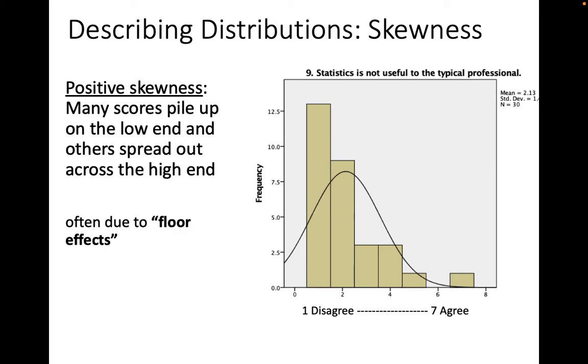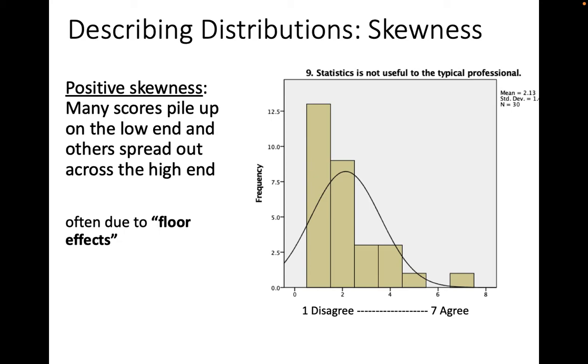When we have many scores that pile up on the low end, it may be because it's impossible to have a score that's any lower. This is called a floor effect. Here's an example of where that might happen. Here's some data that I previously collected. I asked students to rate the extent to which they disagreed or agreed with the statement, "Statistics is not useful to the typical professional."